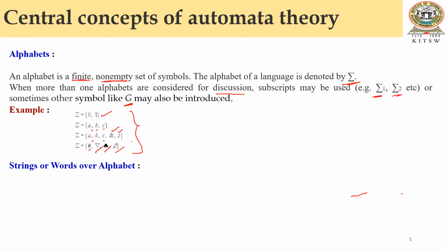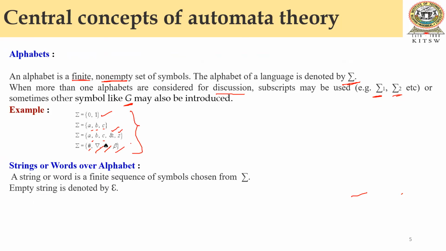Next one is strings, words over alphabets. You know the definition of a string: a combination of alphabets or characters is called a string. A string or a word is a finite sequence of symbols chosen from sigma. Sigma may be either {0, 1}, zeros and ones, or a, b, c, or different symbols.